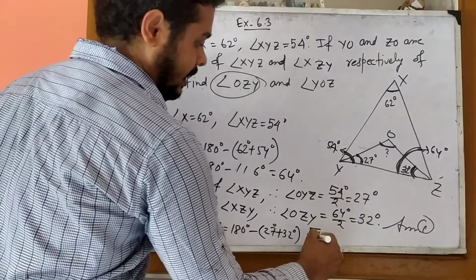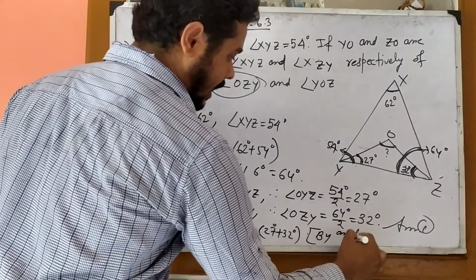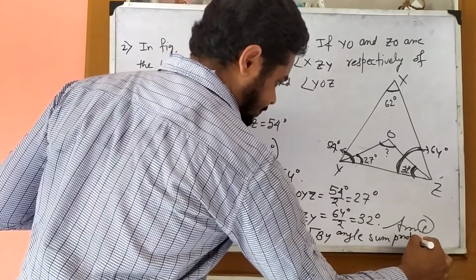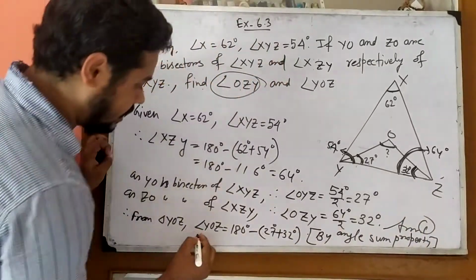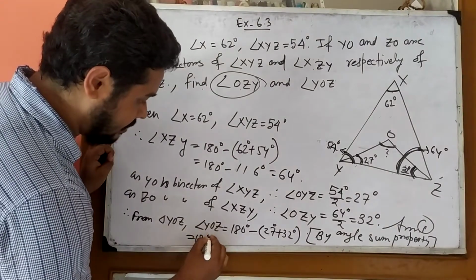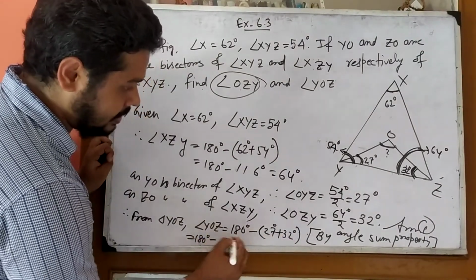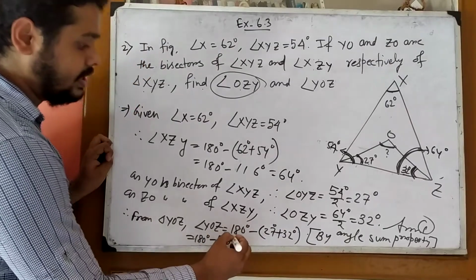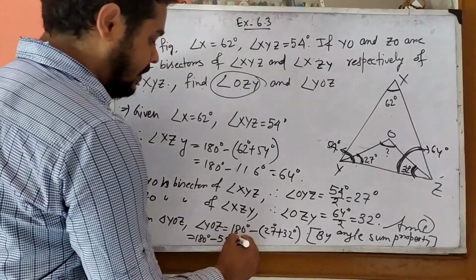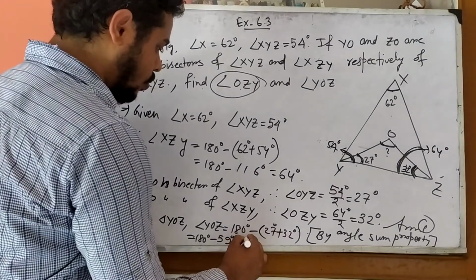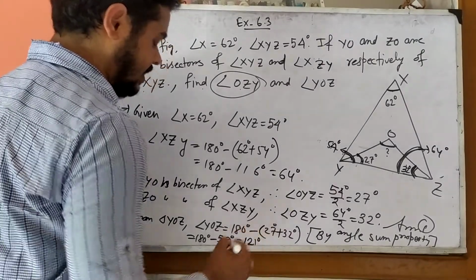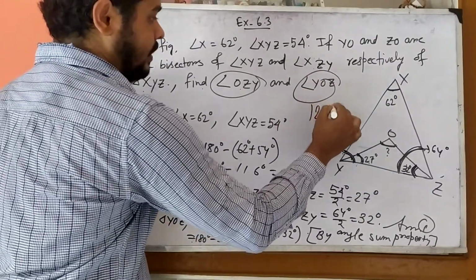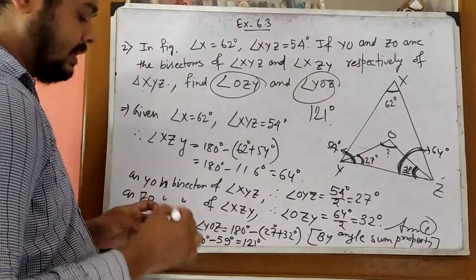By which property? By angle sum property. Okay. Now 180 minus 59 means 121 degrees. So this is our second answer, 121 degrees. Clear?